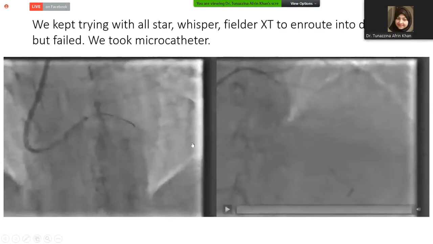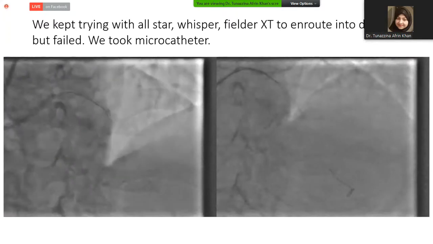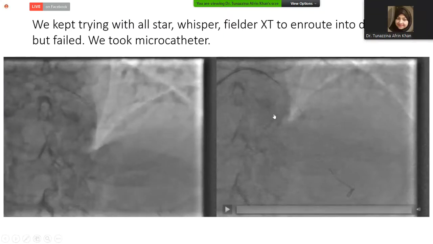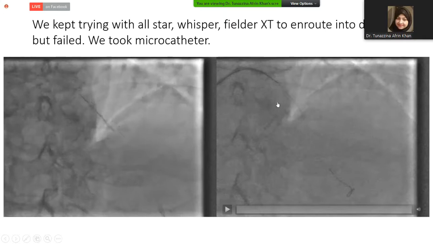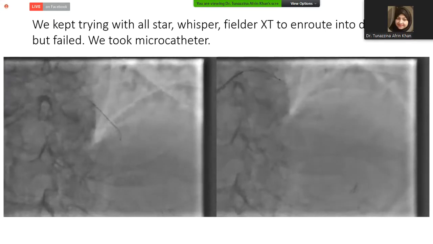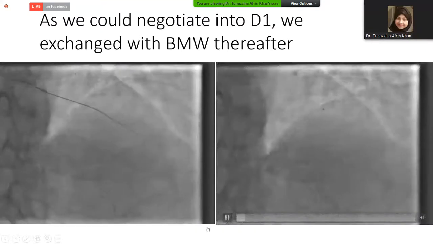We kept trying to enter into the diagonal with Whisper, Filter ST, but we failed. Then we took the microcatheter. And with the help of the microcatheter and Fielder XT wire, we could negotiate the diagonal.